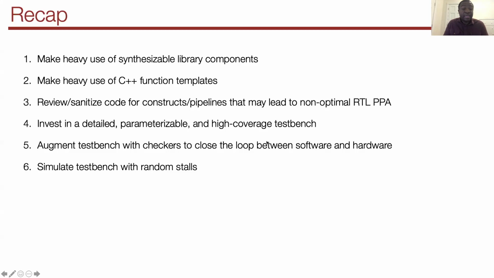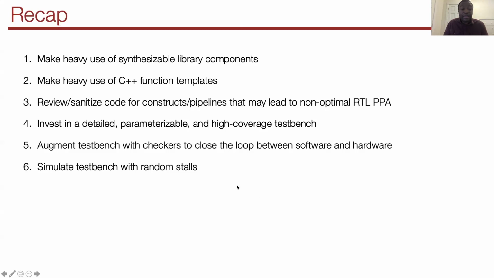Also invest in a detailed and parameterizable test bench. I would repeat again that the time spent in this step will be very rewarding down the line when we need to do further optimization on the design. Augment the test bench with really detailed, careful checkers to efficiently close the loop between the software modeling and the hardware.